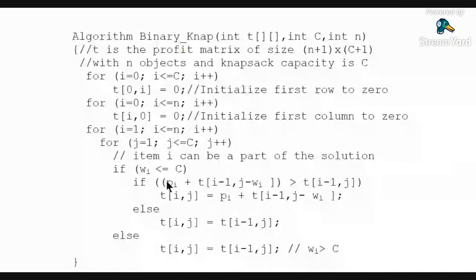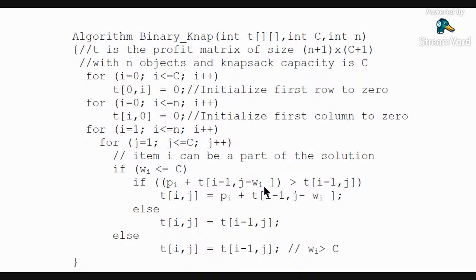And then if the profit of the ith object, if Pi plus Ti minus 1, comma j minus Wi. What do you mean by j minus Wi? See, if the considered knapsack capacity is j, suppose for an example j is equal to 10. Then j minus Wi. Suppose the ith object weight is 5.